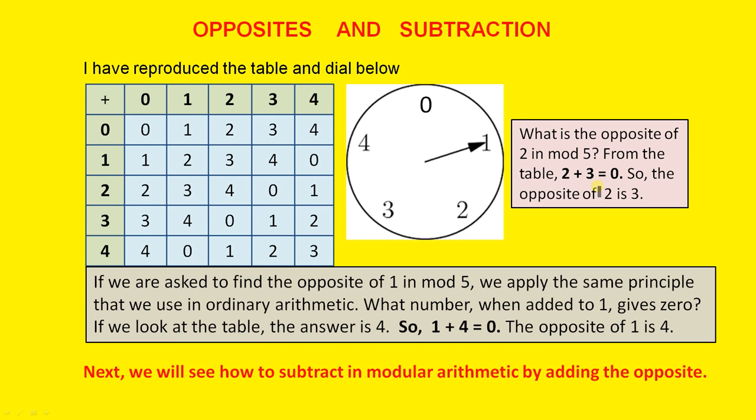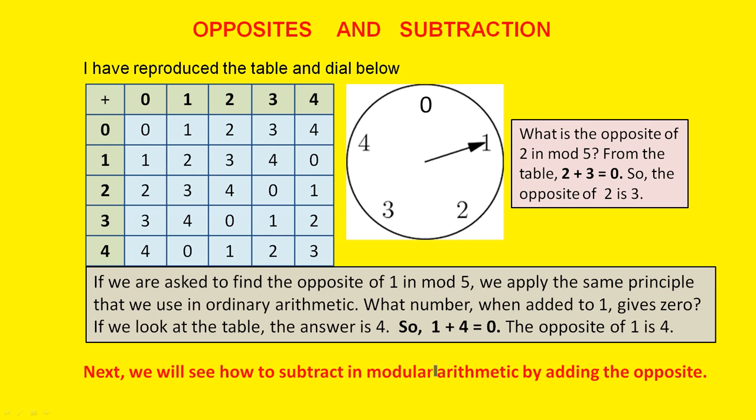I have reproduced the table and dial below. If we are asked to find the opposite of 1 in Mod 5, we apply the same principle that we use in ordinary arithmetic. What number, when added to 1, gives 0? If we look at the table, the answer is 4.